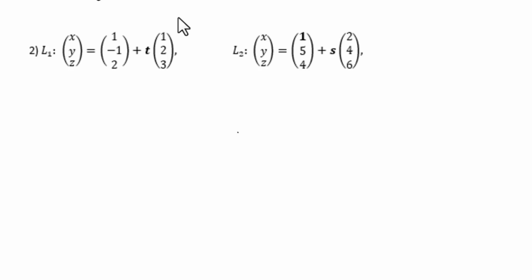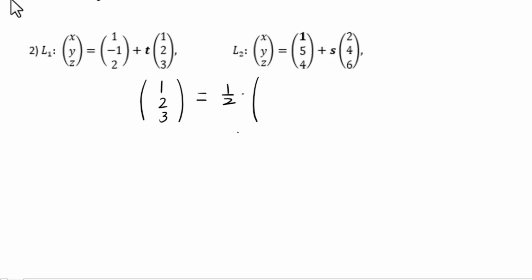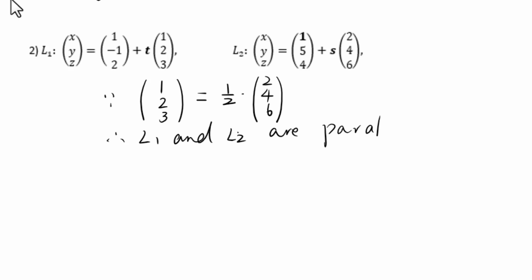Let's go to the second question. Still, we need to check the direction vector. Since (1, 2, 3) equals 1/2 times (2, 4, 6), L1 and L2 are parallel or coincident.